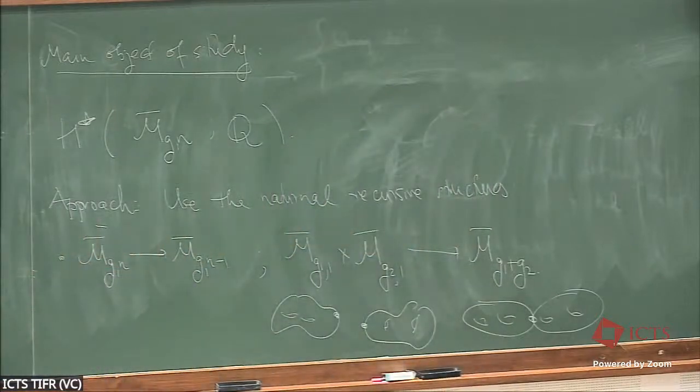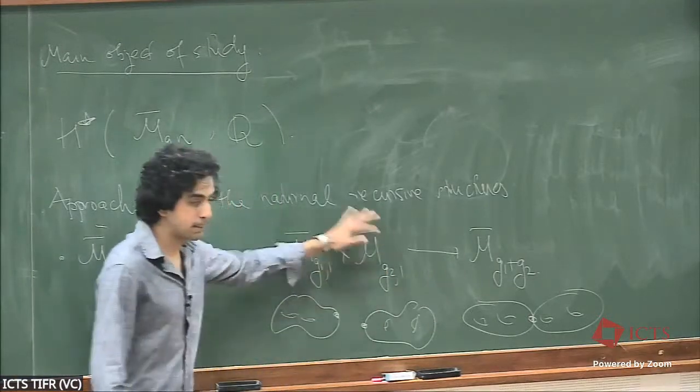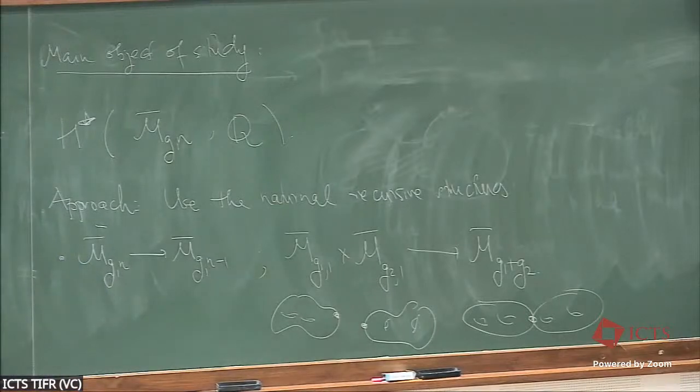For example, you could take an element in M_g2 with 2 marked points and then glue the 2 points together, and that will increase the genus by 1. So the point of all of this is that these spaces, all the M_g,n bars together, don't just live in isolation. They're this extremely complicated network of maps that come from forgetting things and gluing things. Those are the two things, forgetting things and gluing things.